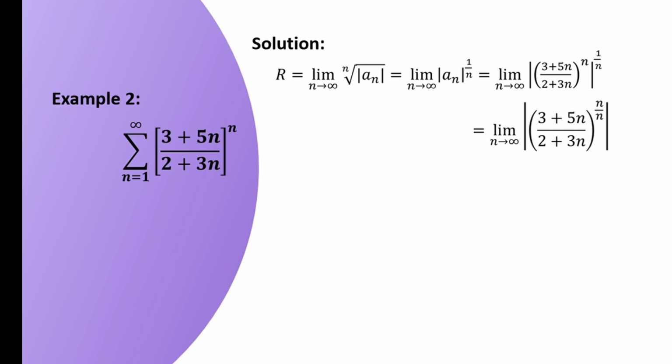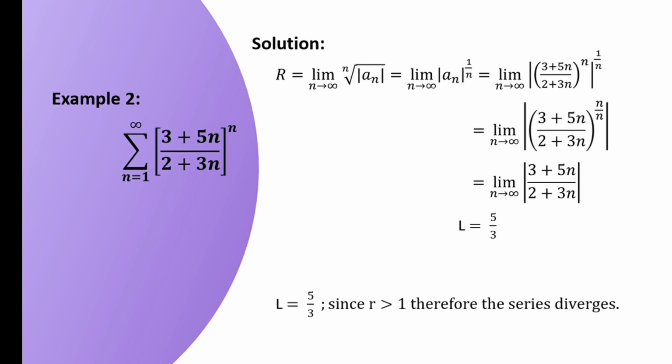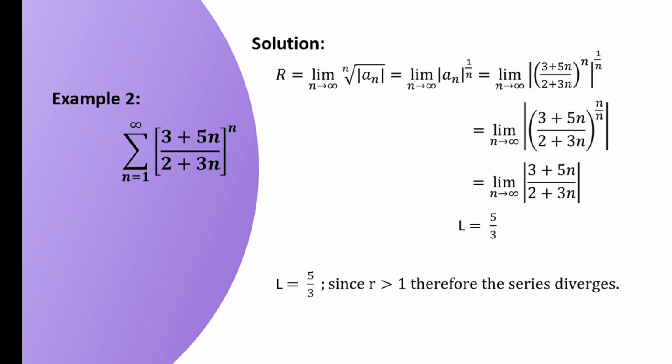After that, cancel n over n since n over n is equal to 1. So what remains is the absolute value of 3 plus 5n over 2 plus 3n. So to find the limit, identify the degree, which is n. And as we can see, both numerator and the denominator have a degree of n. So the limit is the coefficient of n, which is 5 and 3. Since our limit is 5 over 3, which is greater than 1, therefore the series diverges.